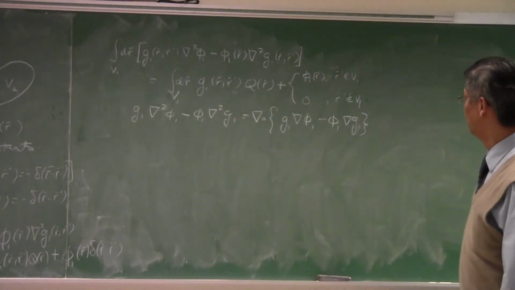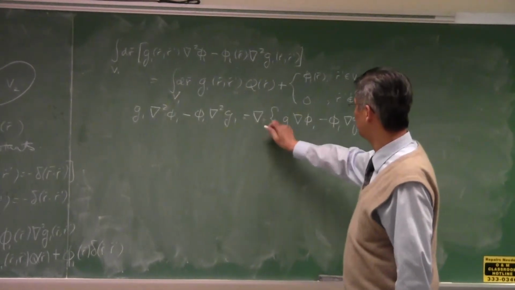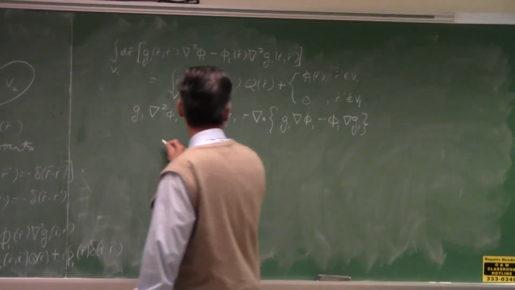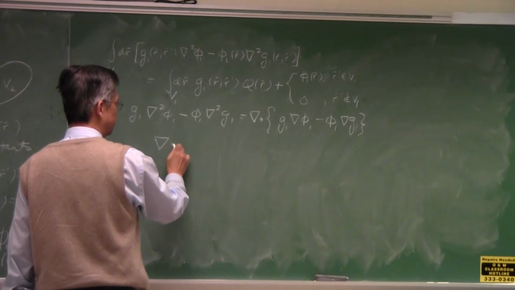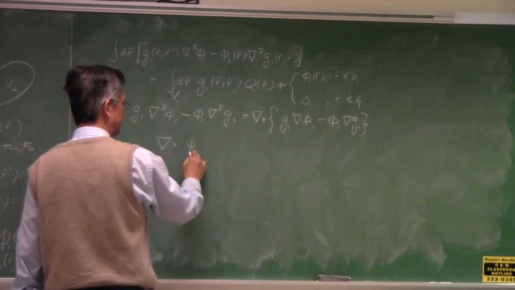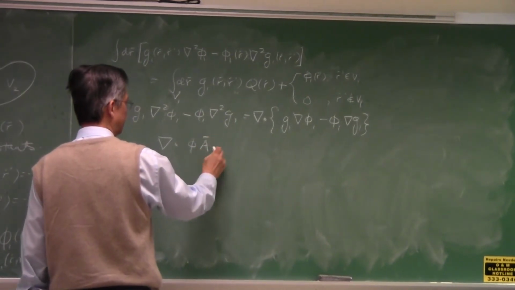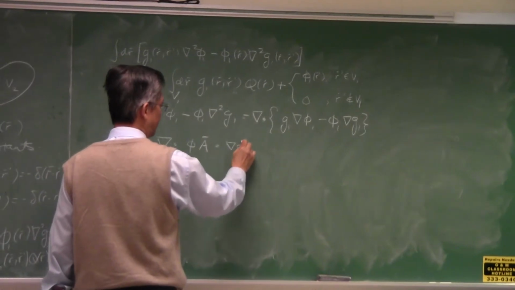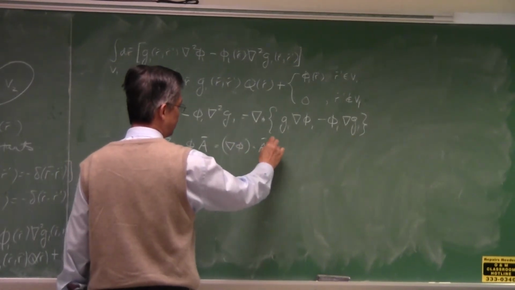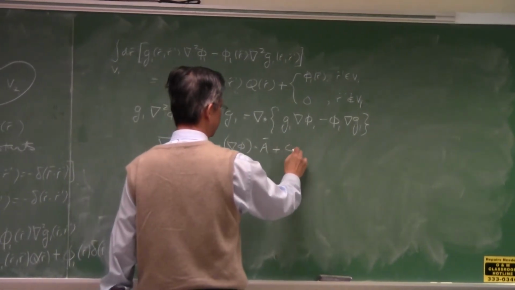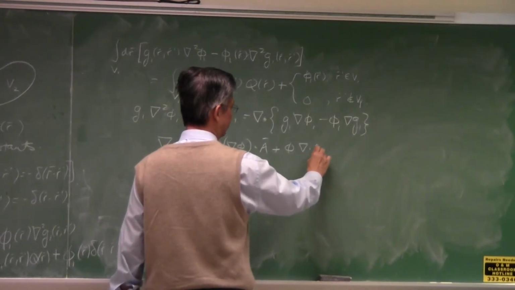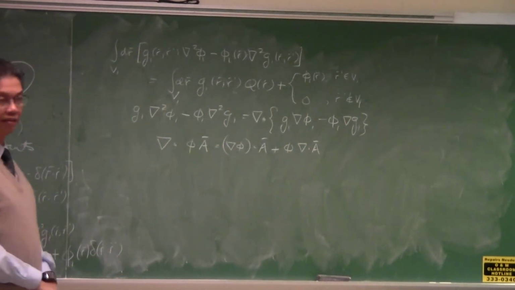You use the chain rule for divergence. The divergence of a scalar times a vector is equal to the gradient of the scalar dotted with the vector plus the scalar times the divergence of the vector. That's the chain rule for divergence.